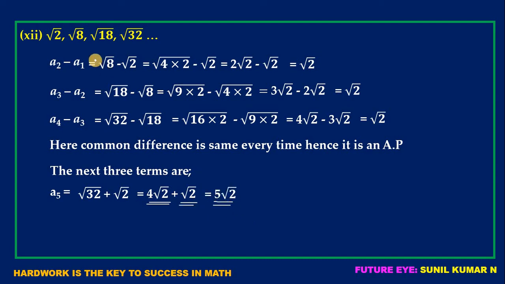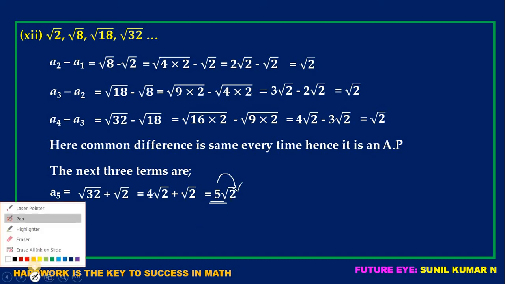But look at the problem. In the problem, all numbers are inside the root. But here we have got a number outside the root. So what you have to do is send that number inside the root. How to send it inside? Here there is a 5. Make the square of 5 and push it inside. What is the square of 5? That is 25.